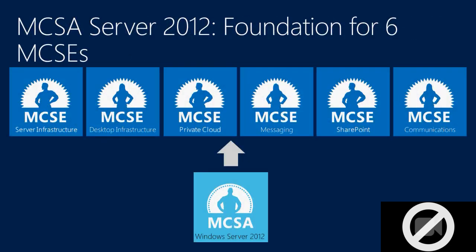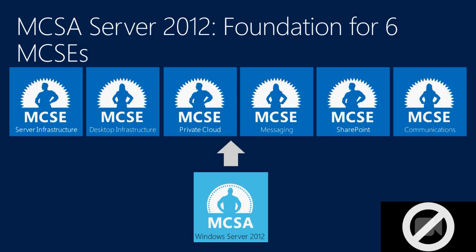Let's go ahead and take a look at the certification path. After completing MCSA in 2012 server, what can we do now? What is our next path? These are the paths available. The first is, after completing MCSA, we can go for server infrastructure, desktop infrastructure, private cloud, messaging, SharePoint, or communication.